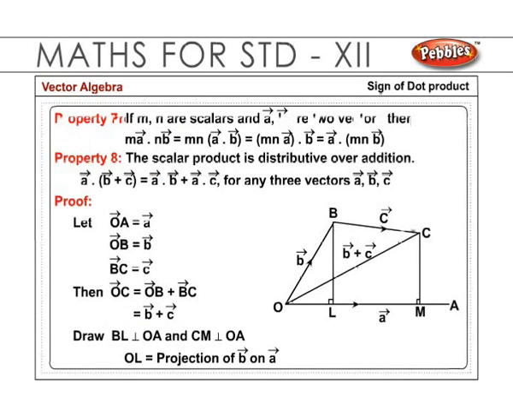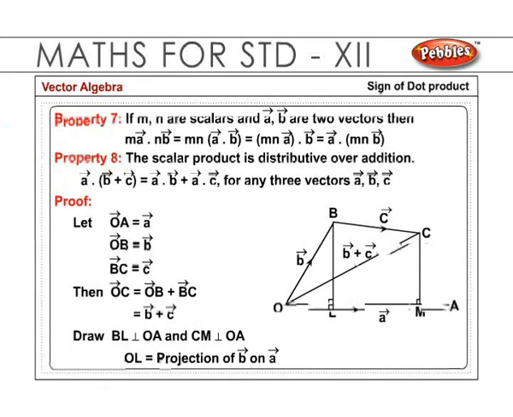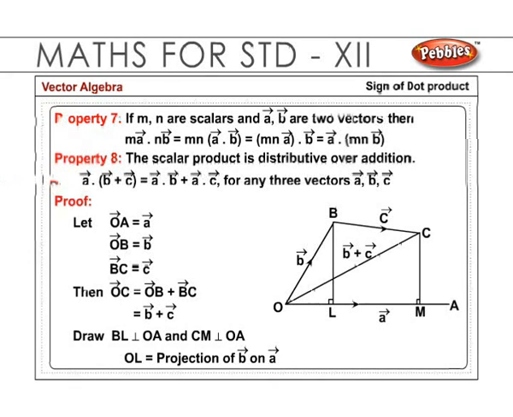Property 7. If m, n are scalars and A, B are two vectors, then mA dot nB is equal to mn (A dot B), which is equal to (mnA) dot B, which is equal to A dot (mnB). Property 8. The scalar product is distributive over addition.